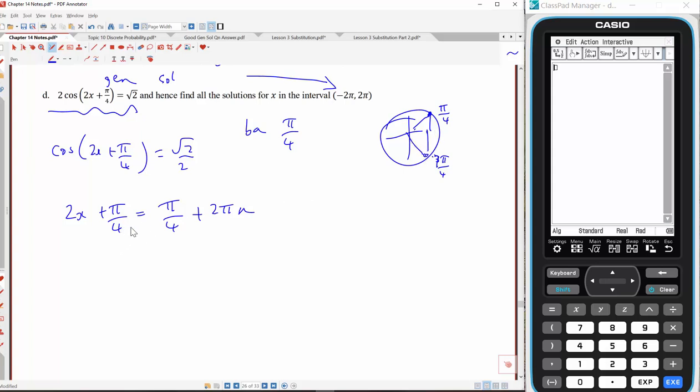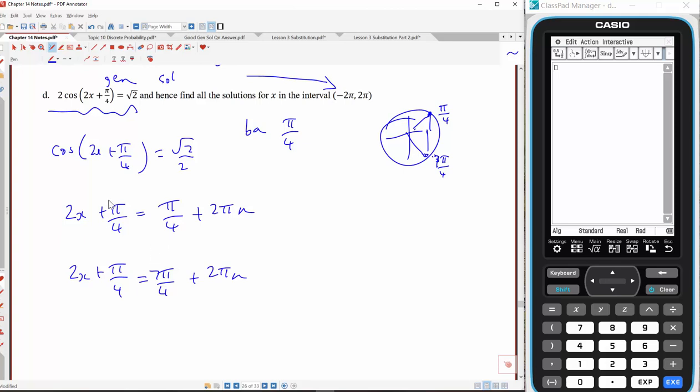This translation here is going to break the plus minus situation. So I'm going to list these as two separate solutions. If you want to combine them into one solution, you'll see what happens in a sec. The other solution is 2x plus pi on 4 equals 7 pi on 4 plus 2 pi n, where n is an element of z.